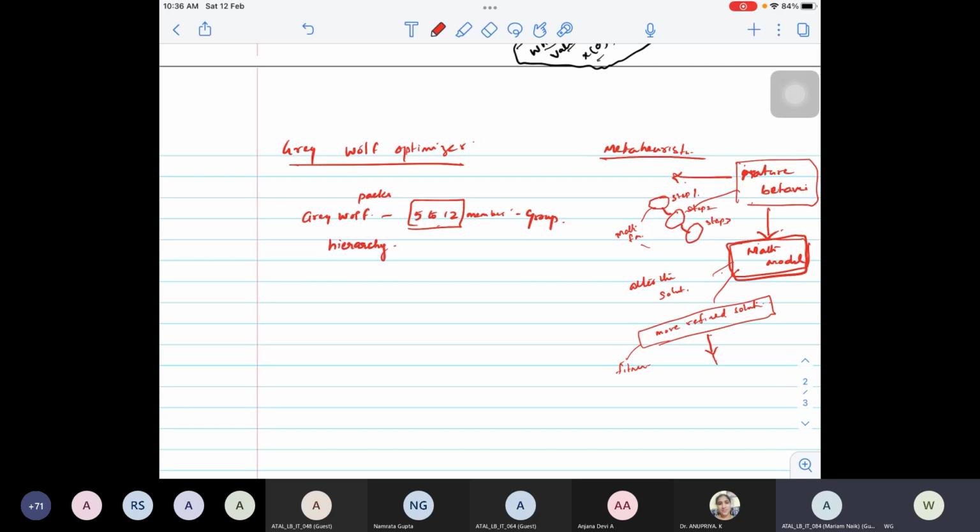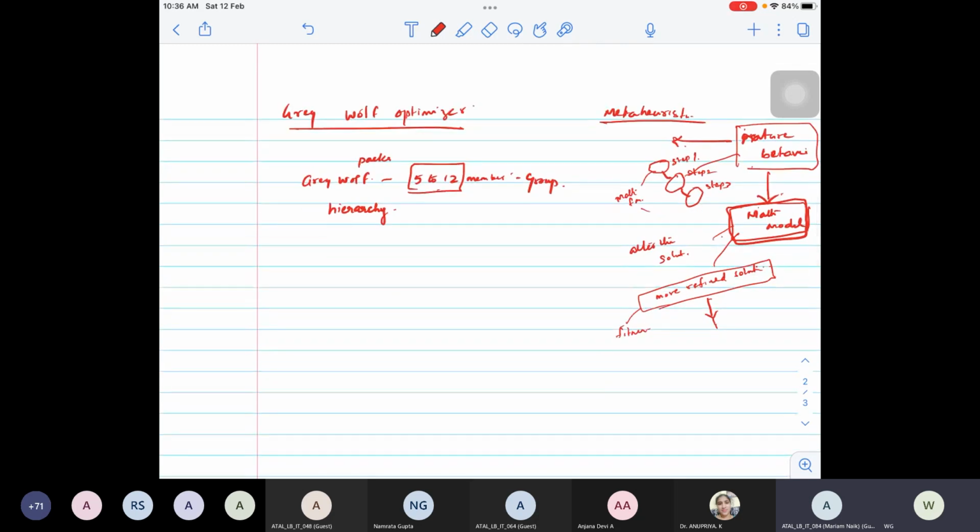This hierarchy starts with the alpha wolves at the first level, then the beta wolf, the delta wolf and the gamma wolf, so these four types of wolves.